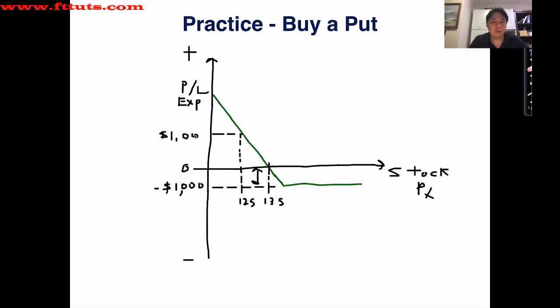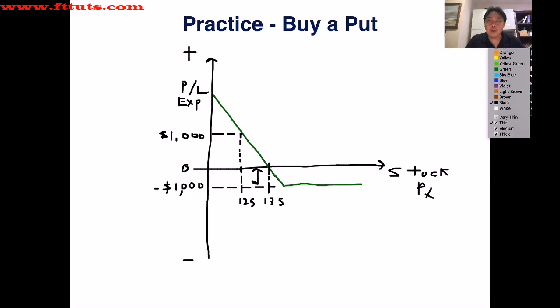There you go. So if the price drops to 125, I make at least $1,000. I say the word at least because I could make more than that if I sell before expiration, and I've got some extrinsic value on top of my intrinsic value. So again, that is the chart of the expiration date.